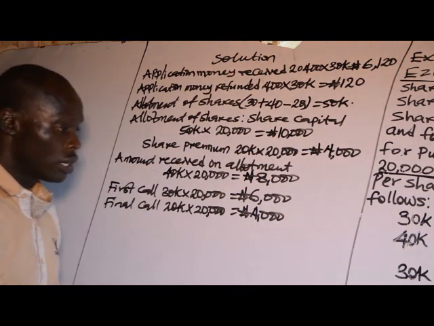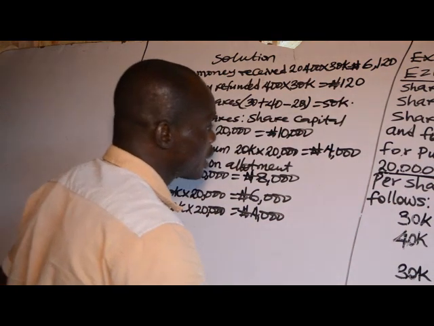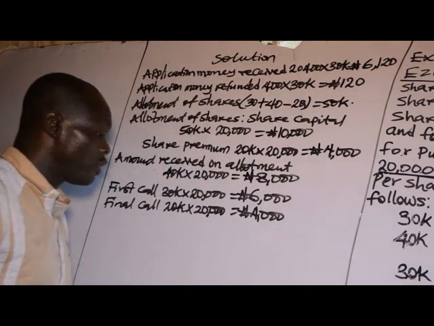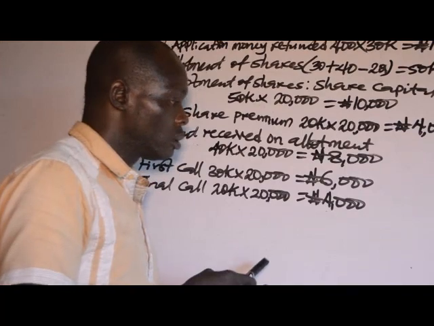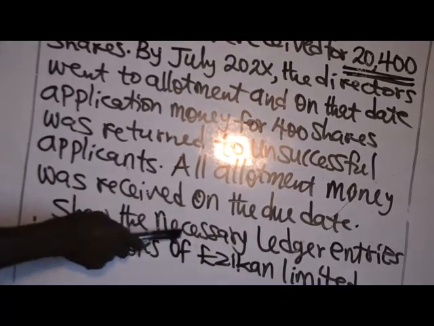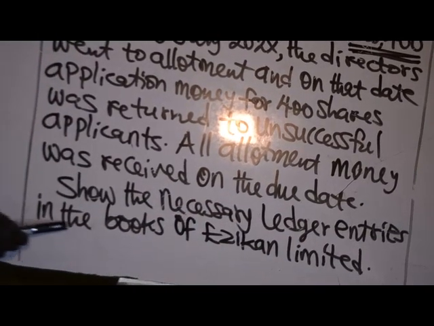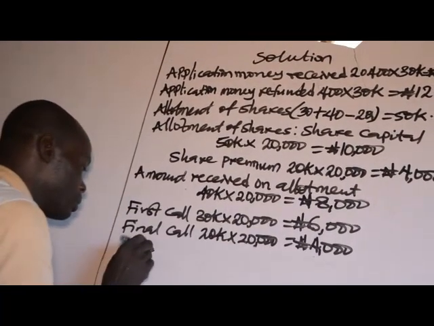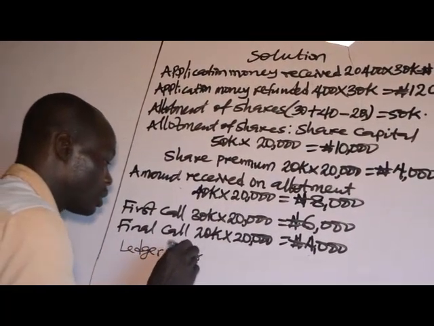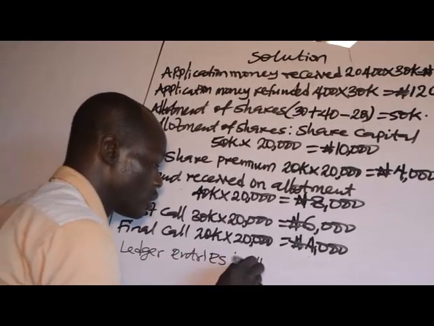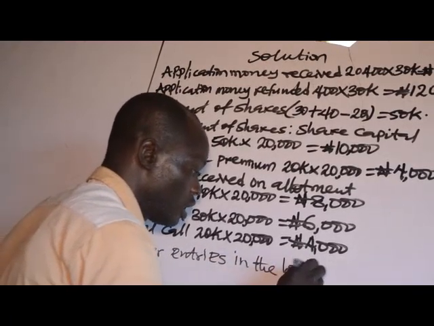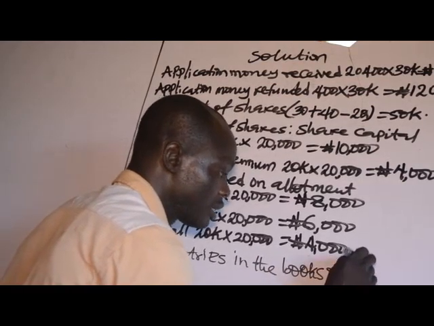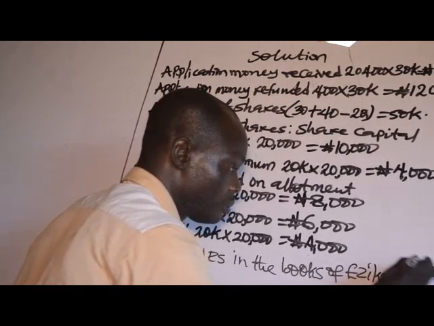Now, we can open the necessary ledgers for the issue of shares. Back to the requirement: you have to show the necessary ledger entries in the books of ACCA Limited.